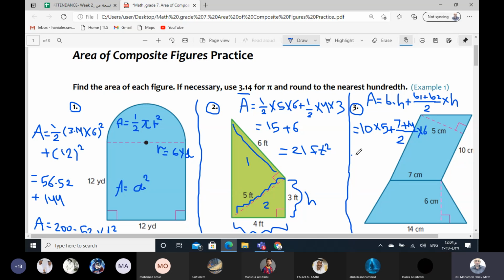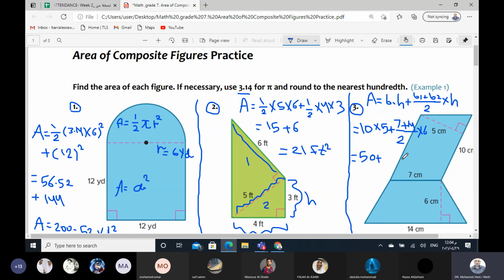Then we can calculate 10 times 5, 50, plus 7 plus 14 will be 21.